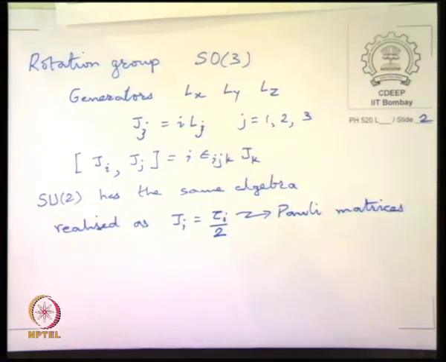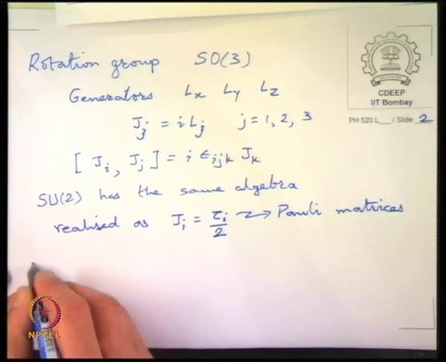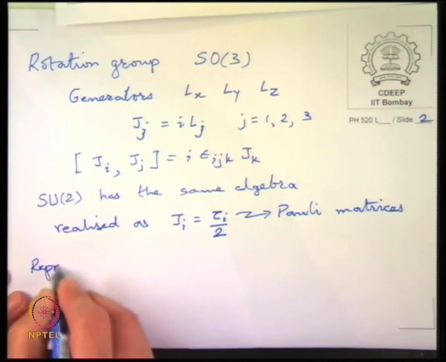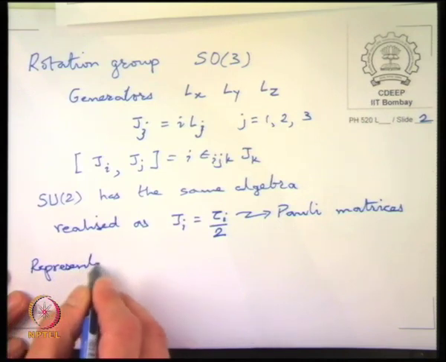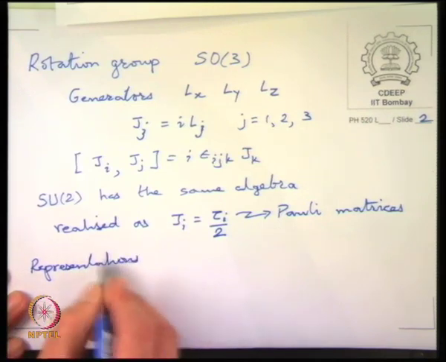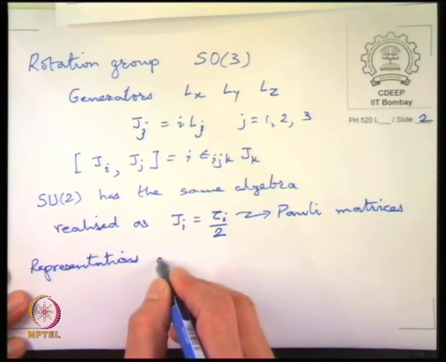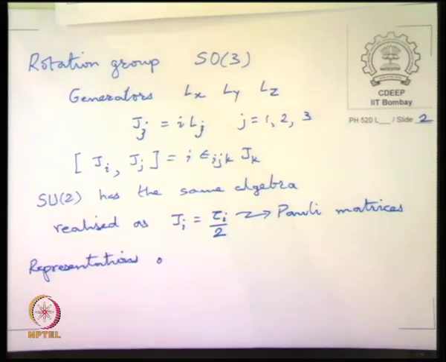They satisfy exactly the same algebra. And then we could work out the representations. In other words, we found, so what does representation mean? We found the set of states that completely realize the algebra.